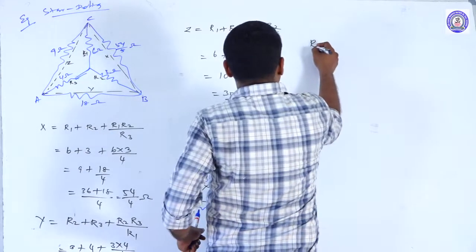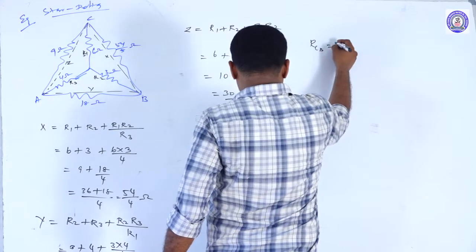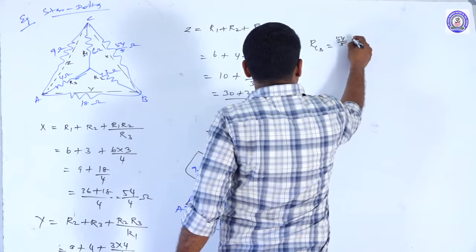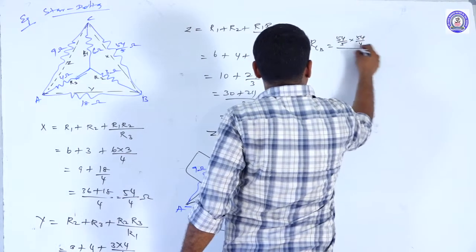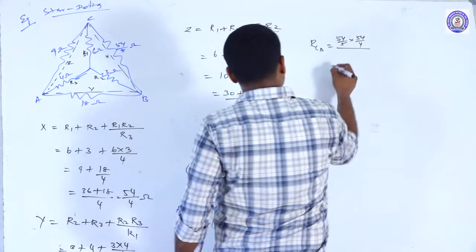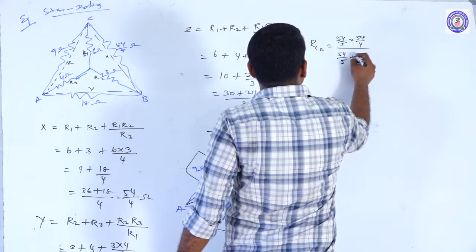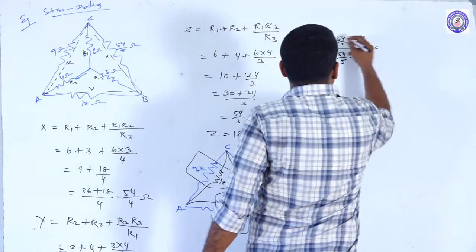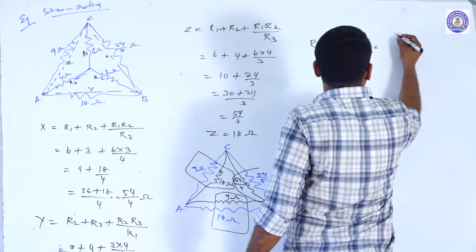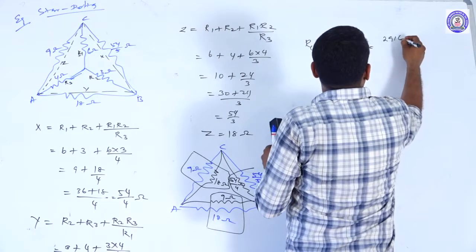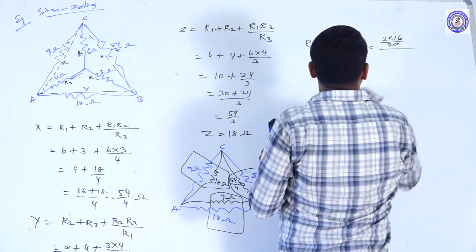Effective resistance between C and B is 54 by 4 into 54 divided by 4, R1 R2 by R1 plus R2. That is 54 by 4 plus 54 divided by 4.